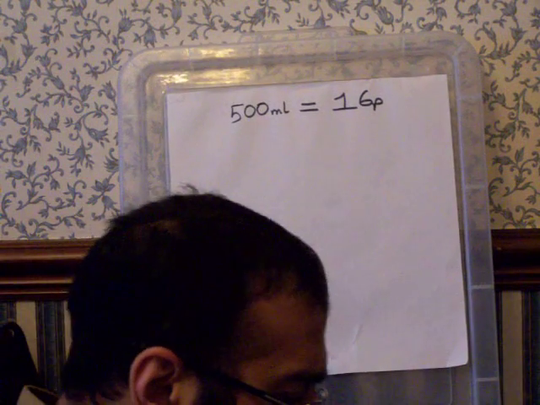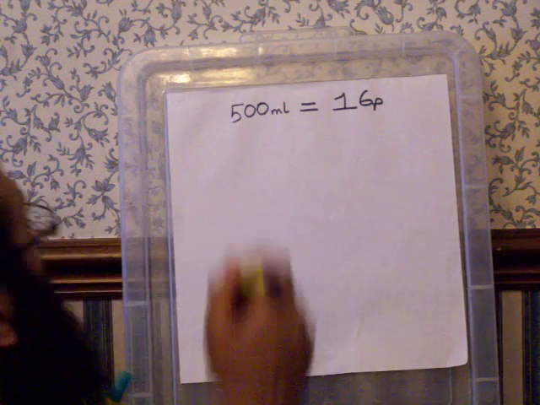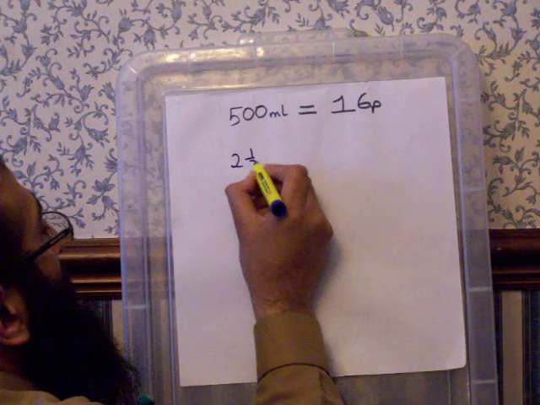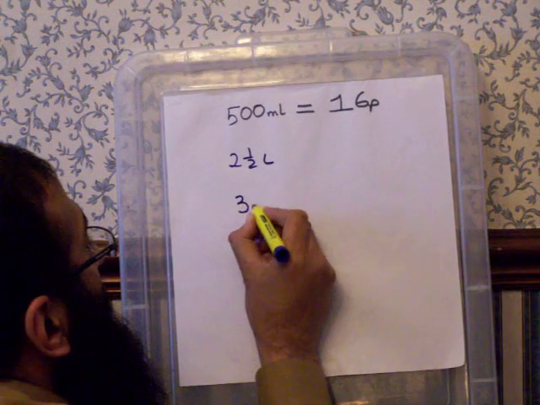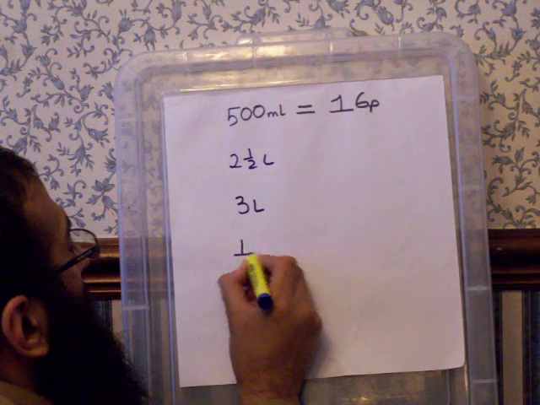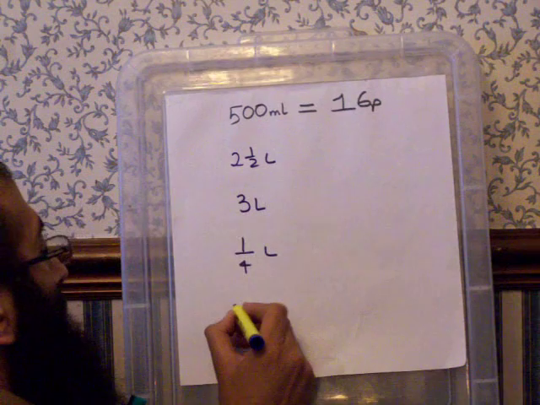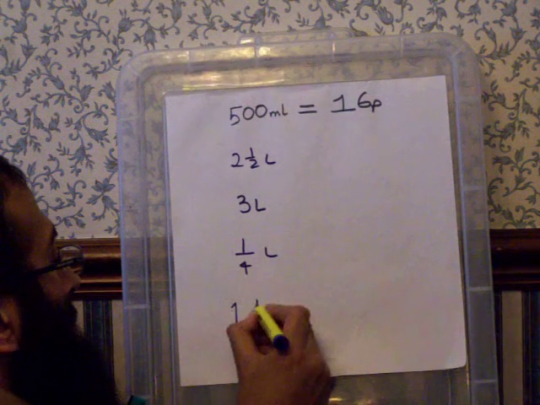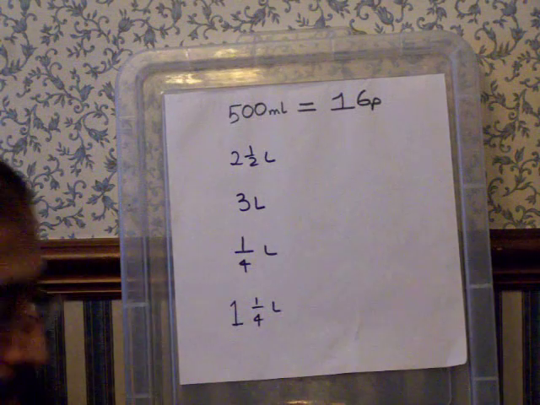Okay, and they want to know the cost of 2.5 liters, 3 liters, a quarter liter, and 1.25 liter.